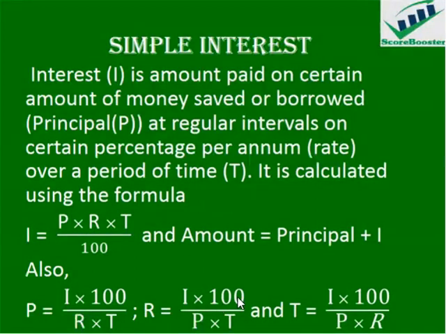You have I multiplied by 100 over P multiplied by T, and your time is I multiplied by 100, where I is interest, divided by P multiplied by R. So those are the key formulas. And after you've gotten the interest on an amount saved or borrowed, you have the total amount. Assuming you are saving the amount, you add your principal to your interest.